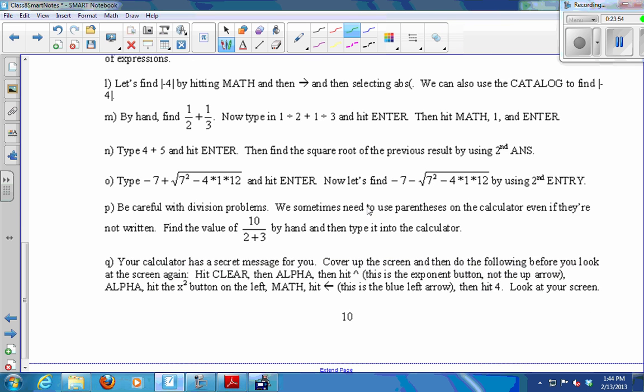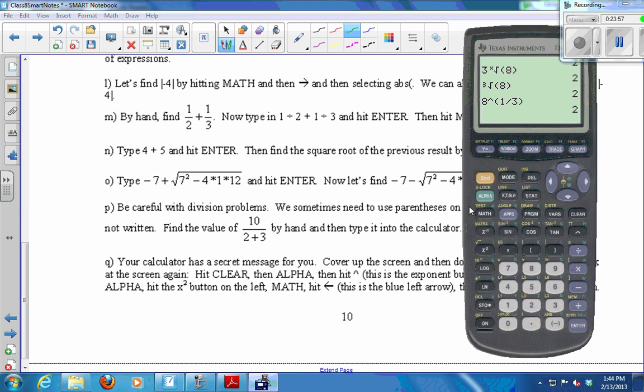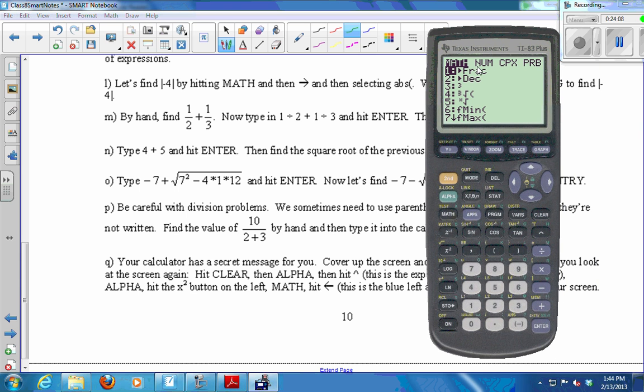Okay, so if we want, there's also an absolute value button in here. So if you go to the math menu, see how there are menus across the top? There's math, number, CPX, and probability. You want to go into the number one, number. And the first option is ABS for absolute value.